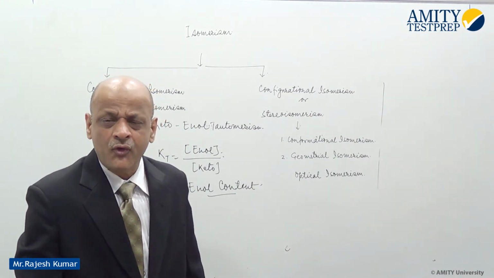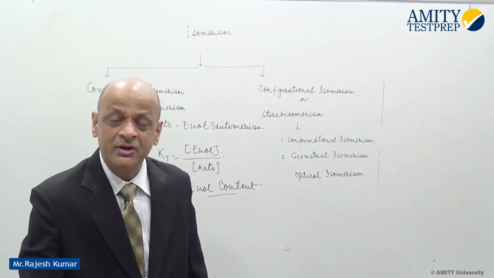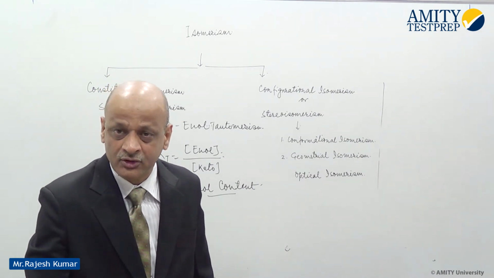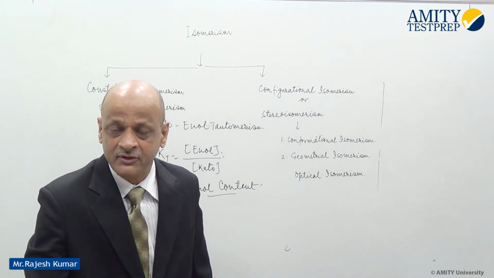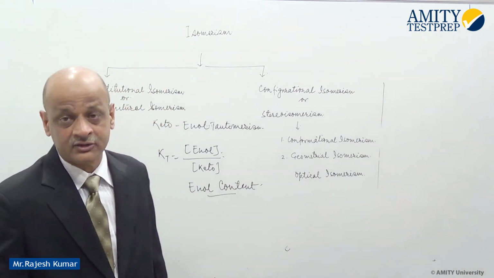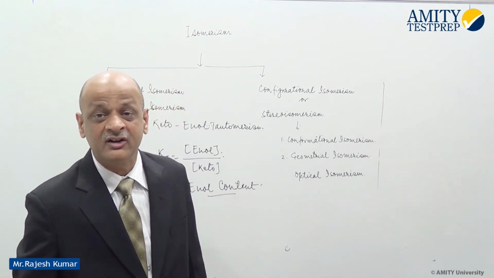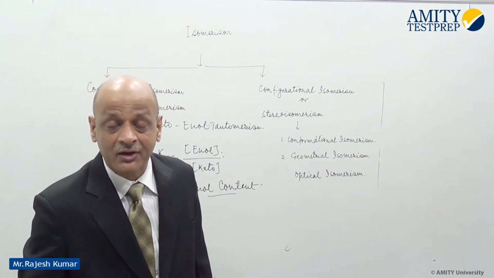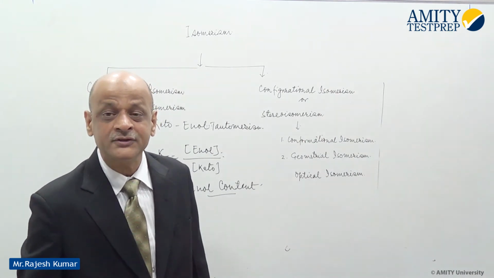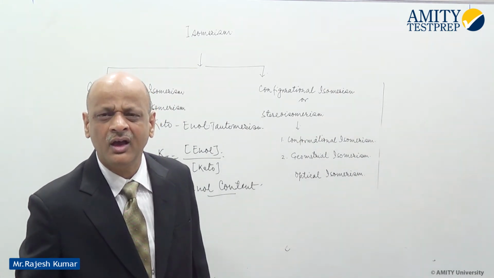Now, there are so many factors responsible for the stability of the keto or enol form of the tautomerism, or enol content of the tautomerism. One factor is nature of solvent, another factor is temperature, and the most important factor is the stability of the molecule or the presence of acidic hydrogen or active methylene group.